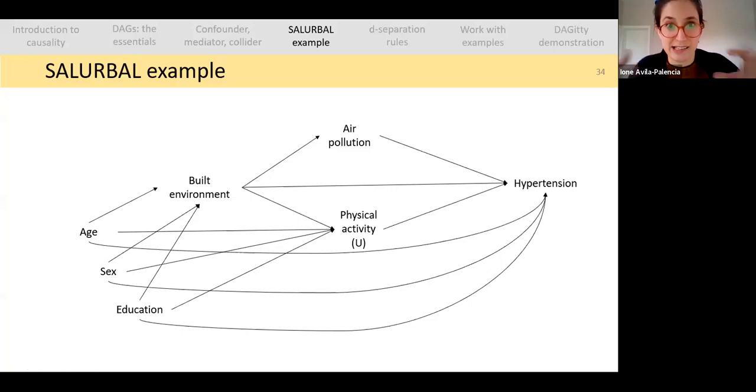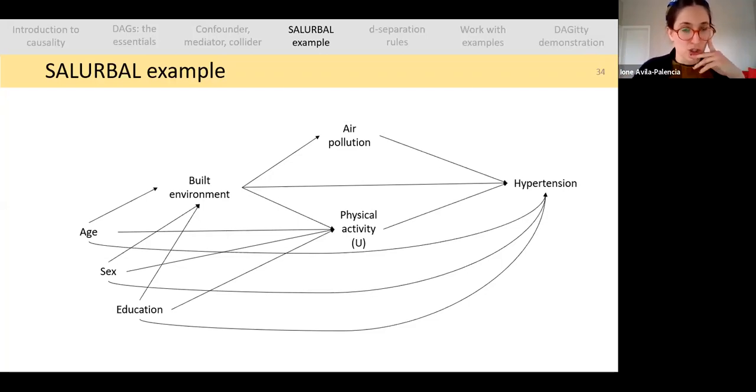So in this specific question, we won't consider them as colliders. But for example, if our research question is another one, say looking at an association between education and physical activity, and we draw a DAG similar to this one, then for this question, built environment and hypertension would be colliders.